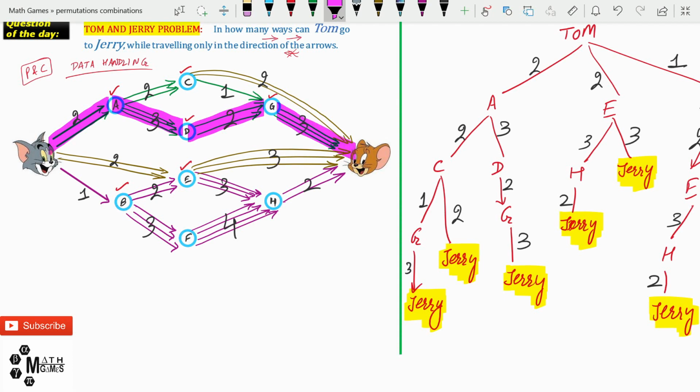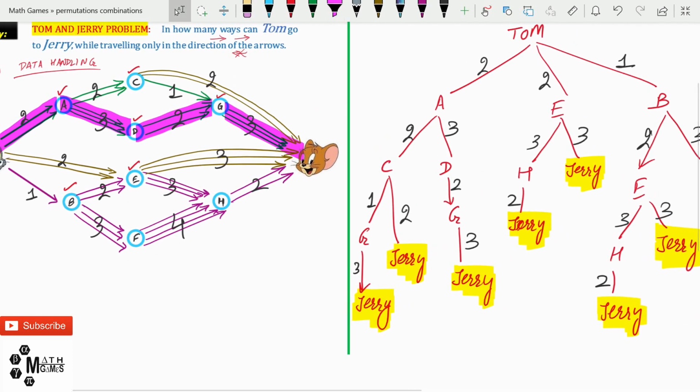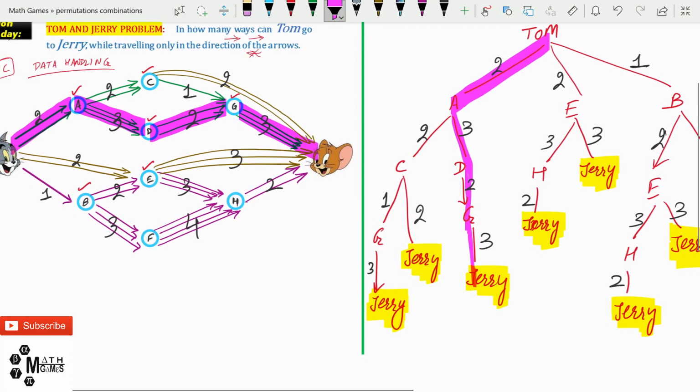If we have seen this diagram, we have to be able to replicate it here. That is, Tom goes to point A, then to D, then to G, and then to Jerry.